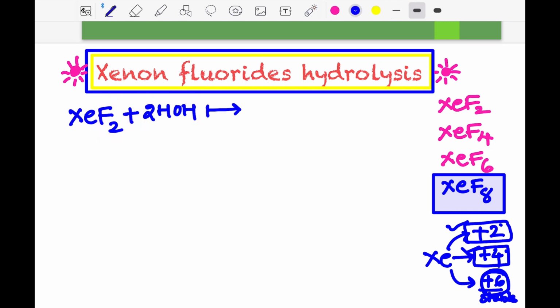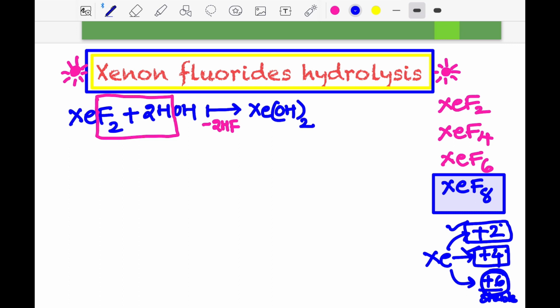So the very first one, here the 2 fluorines and 2 hydrogens are removed in the form of HF. Minus 2HF is out. Now the compound formed would be Xe(OH)2.